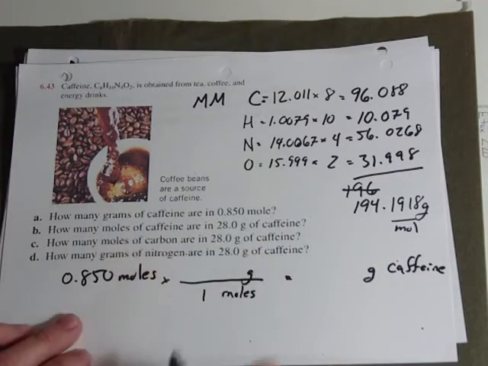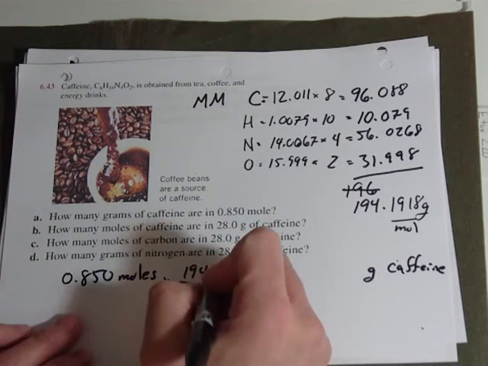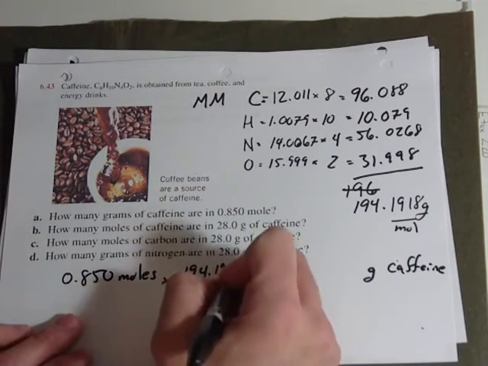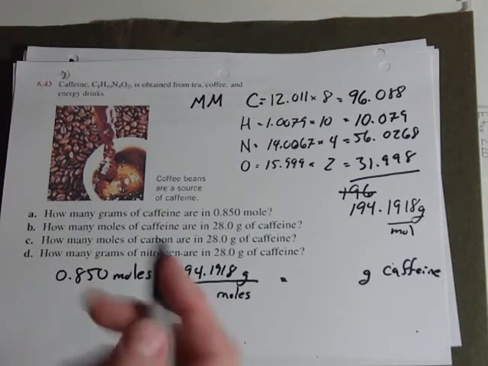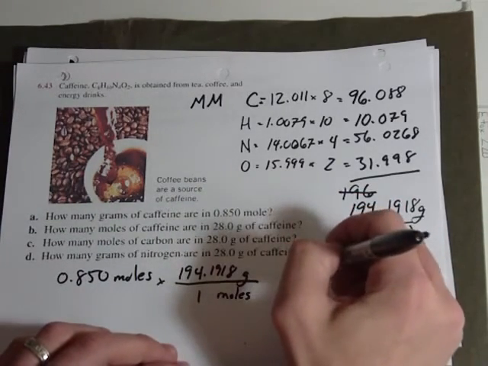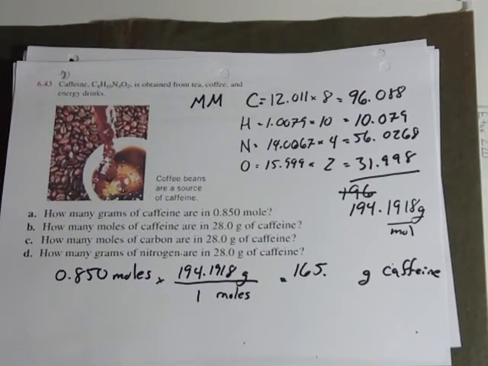In 1 mole of caffeine, it would have 194.1918 grams. You just multiply those two numbers, and you get 165 grams.